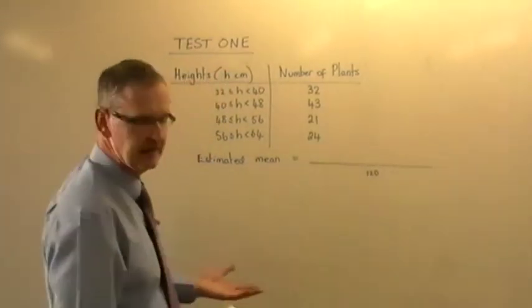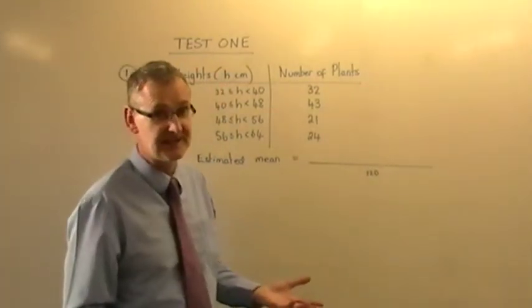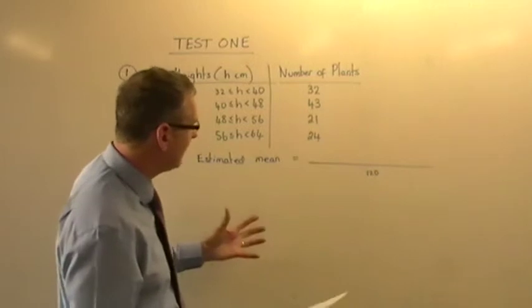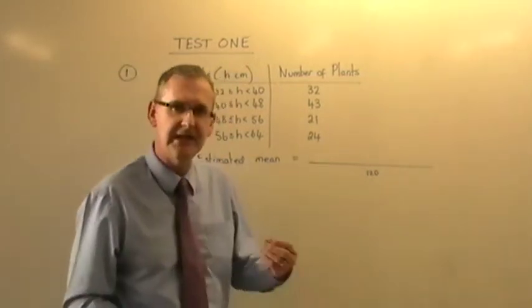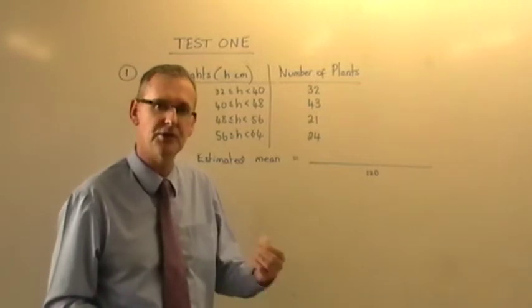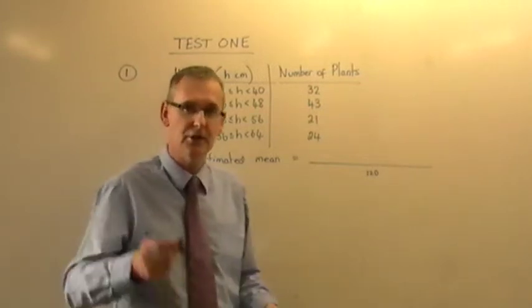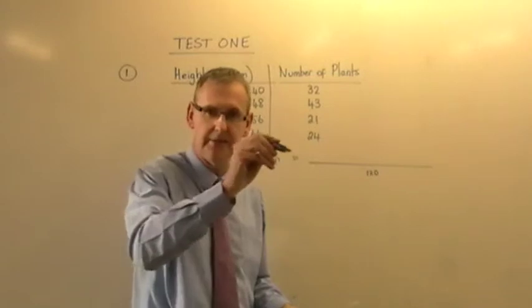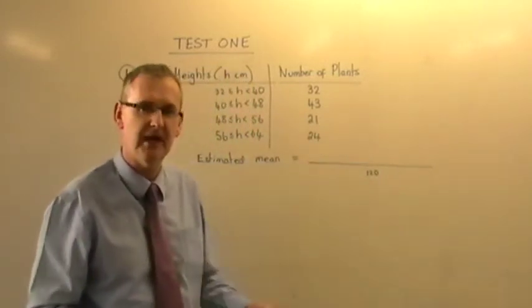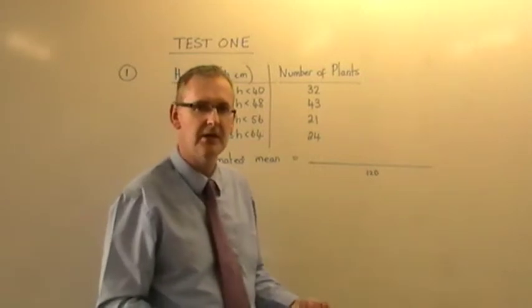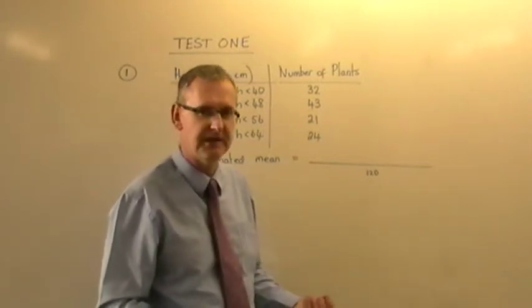Now unfortunately, or fortunately as the case may be, but unfortunately I would say for most people, you do not have the individual heights of all 120 plants. If you did, you'd be able to just simply add them all up. It might take a while, but you'd get there on a calculator, get the total and divide by 120. We do not have the information in that format.